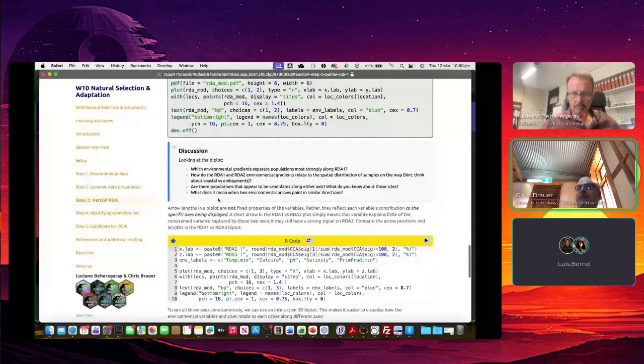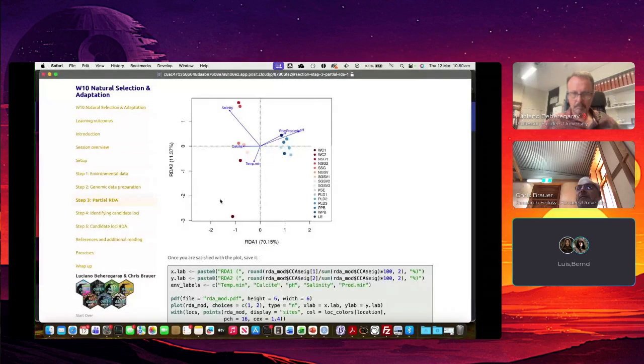Just a tip: I think Arthur did a good job of explaining the way that looking at just one view, so RDA1 and RDA2, the first two axes, doesn't tell you the whole story about the shape of the data in this model.